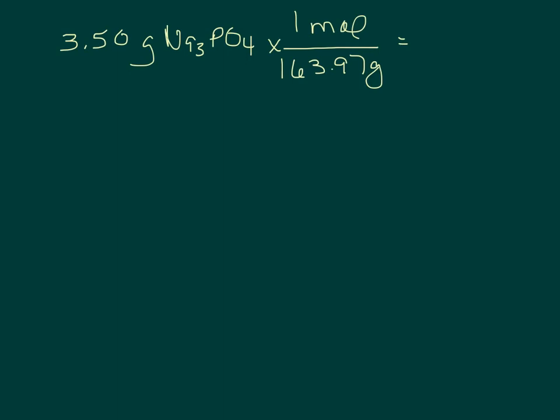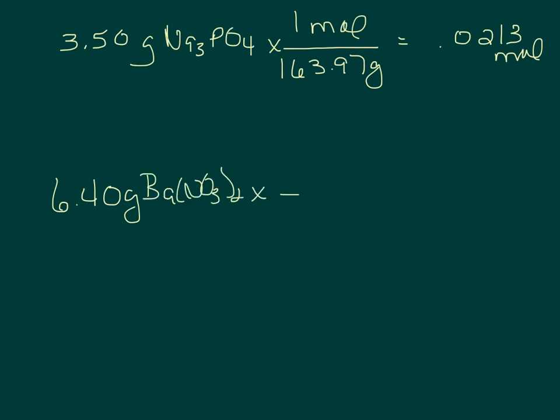That would give us 0.0213 moles of the sodium phosphate. We'll do the same thing with our other reactant, our 6.40 grams of barium nitrate, which has a molar mass of 261.33 grams per mole.